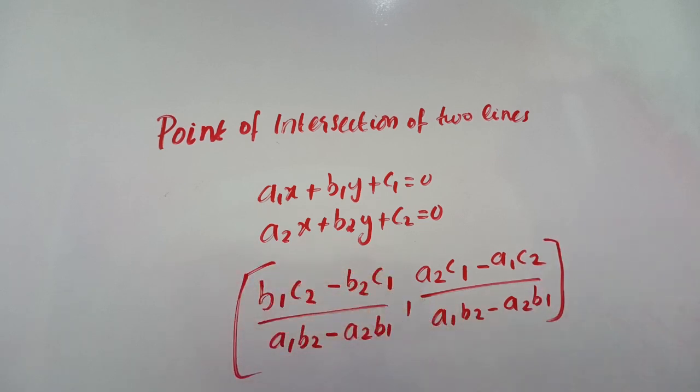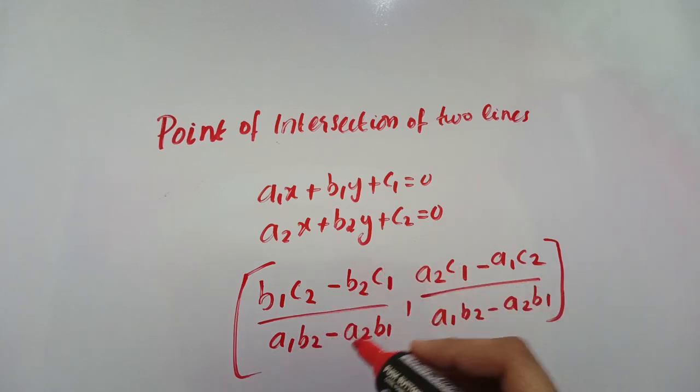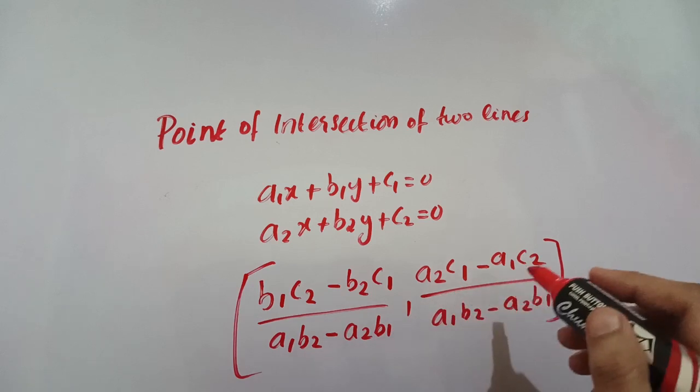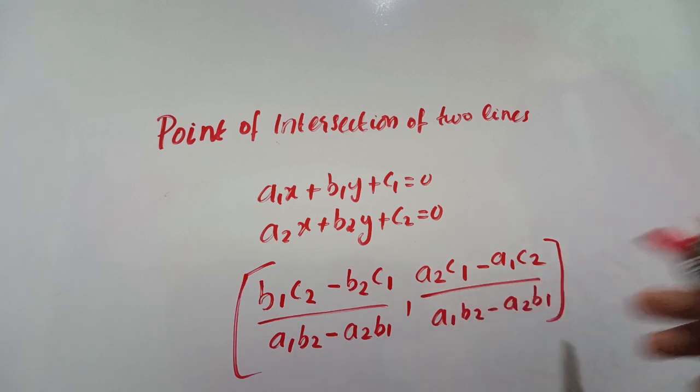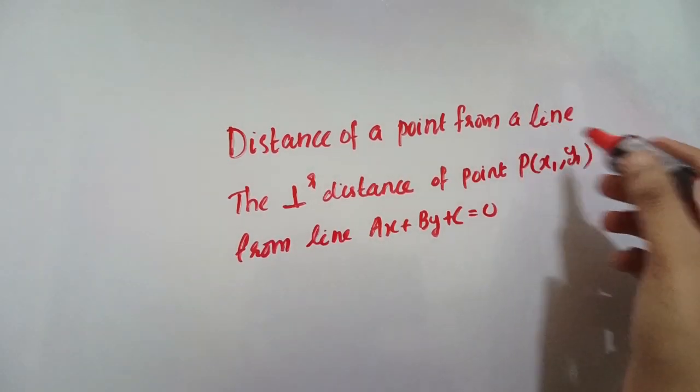This is the point of intersection of two lines. I repeat, (b1 c2 minus b2 c1) by (a1 b2 minus a2 b1), (a2 c1 minus a1 c2) by (a1 b2 minus a2 b1).